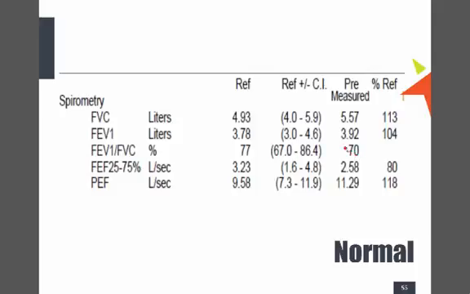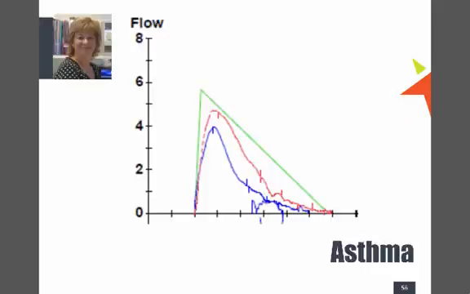What is normal is between 67 and 86. There is no obstruction. The FVC is within normal range. It is a normal spirometry. And if we wanted to get clever and look at the lower airways, we could see that they were 2.58, which is within that normal range. That one's normal.